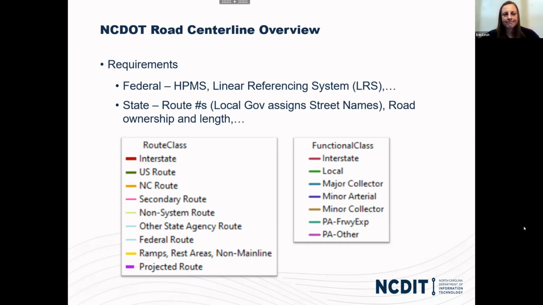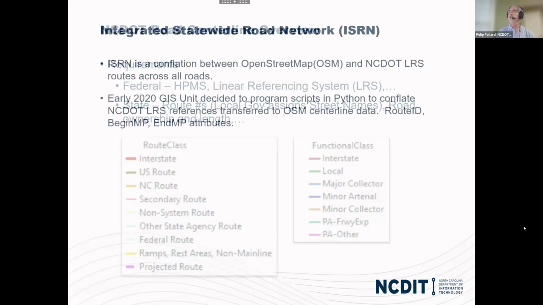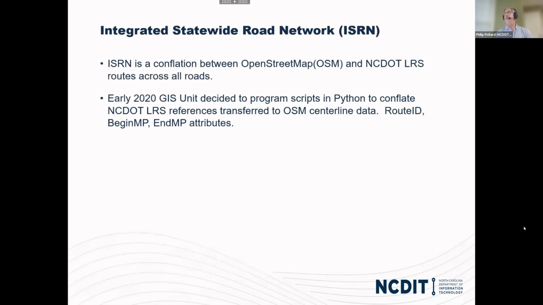So go ahead, Phil. Okay, so what we're going to get into would be the route class that's on this slide, and that's the most important thing that we're going to overlay on the OpenStreetMap center lines. And so the ISRN, we called it the Integrated Statewide Road Network.